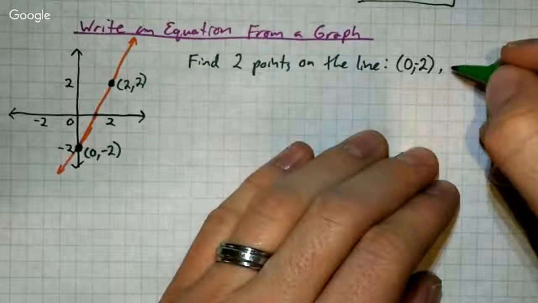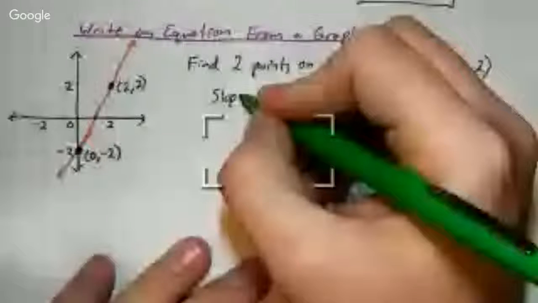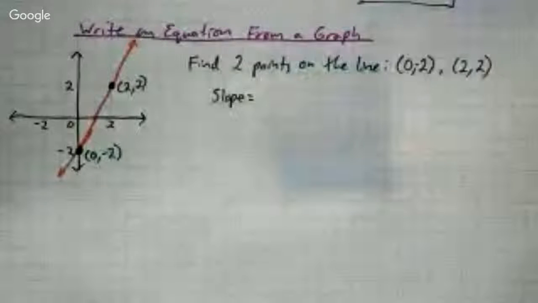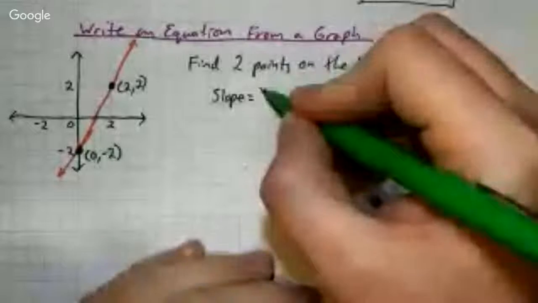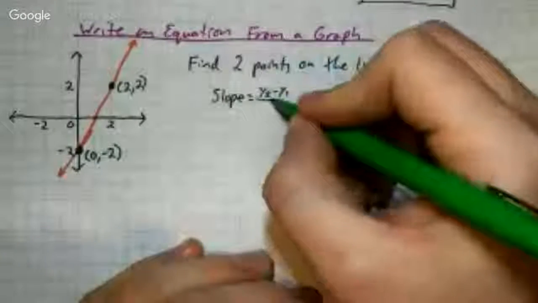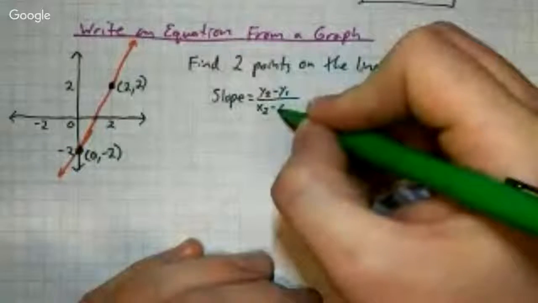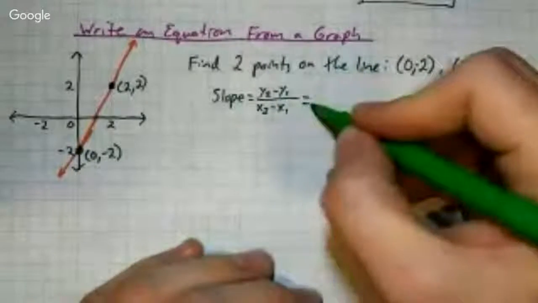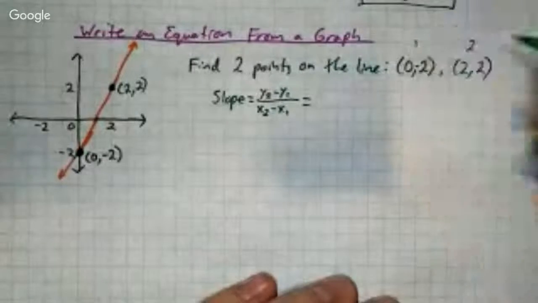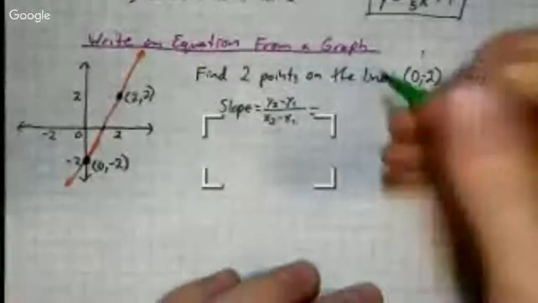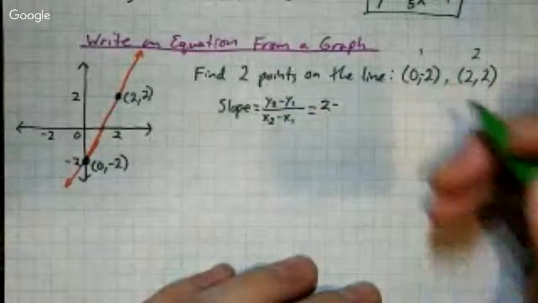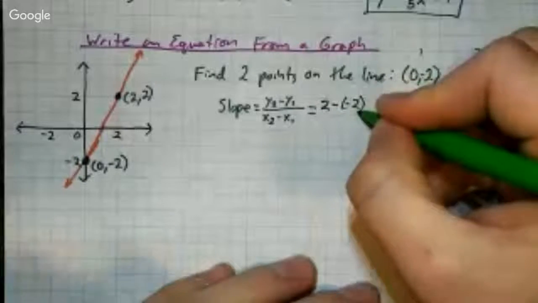And I want to find the slope. So to find the slope, we need to think back to when we had our slope equation, which is y2 minus y1 over x2 minus x1. Doesn't matter which way we put it, but I'm going to go ahead and use this as my 2 and this is my 1. So y2 is 2 minus y1, which is -2.